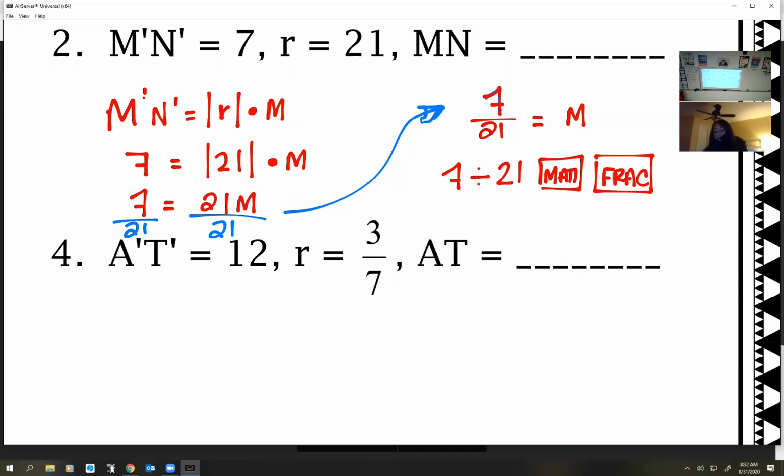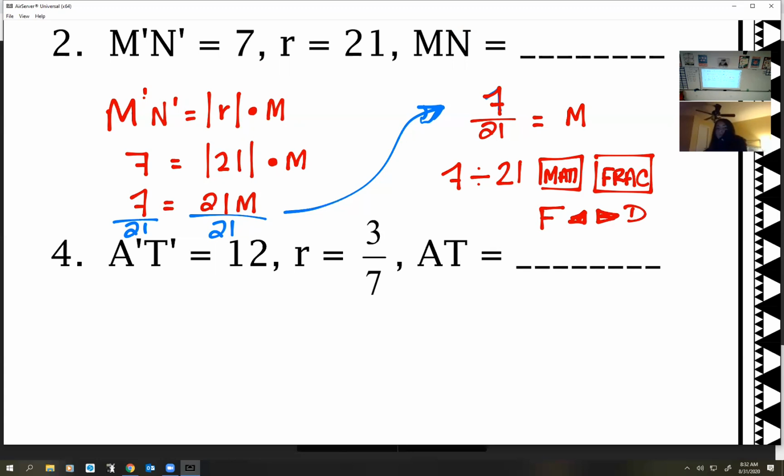Yours is a little different, Wilmo. I'll have to show you on this. Towards the top of yours, you've got something that looks like this. So when you put 7 divided by 21, you're going to hit that button. Do you find it?